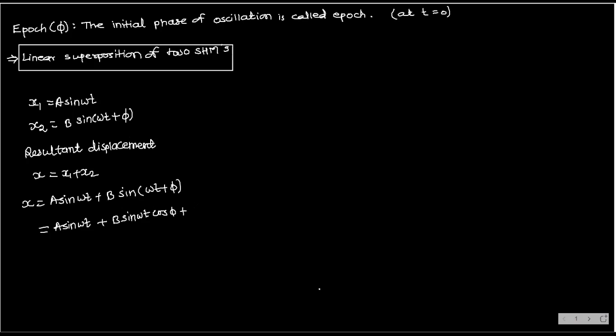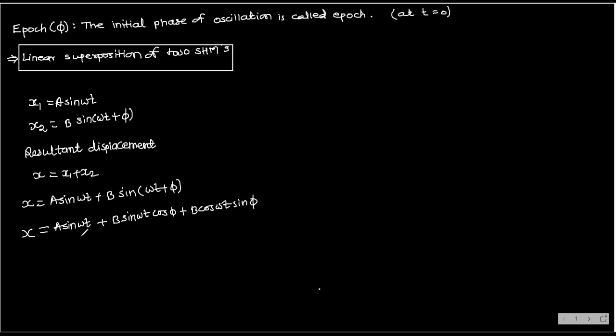B cos omega t sin phi. This formula you know: sin A plus B is sin A cos B plus cos A sin B. Okay, right? You know this mathematics. Okay, this is x.